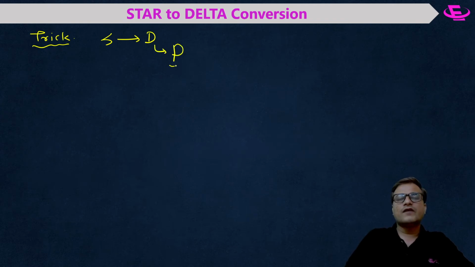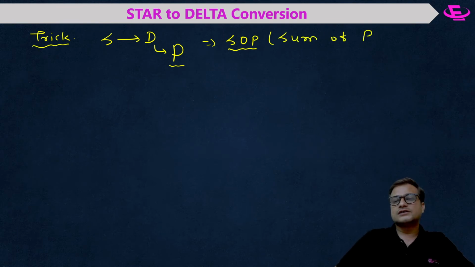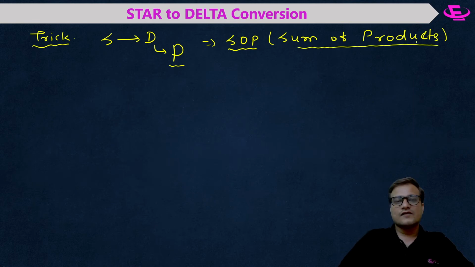There is very little difference between the letters D and P. So S and P. So the trick is SOP. What is SOP? Sum of products. The trick is sum of products. This is the trick for star to delta conversion.